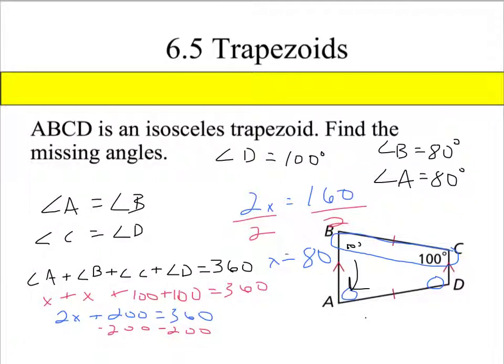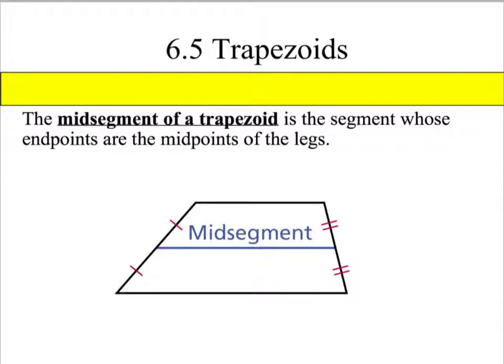All right, moving on. Now, what this states, it says it is a mid-segment of a trapezoid. So the mid-segment of a trapezoid is the segment whose endpoints are the midpoints of the legs. Okay, so if you look at those legs, if we said that A, B, C, D, E, F, AB is going to be congruent to BC.